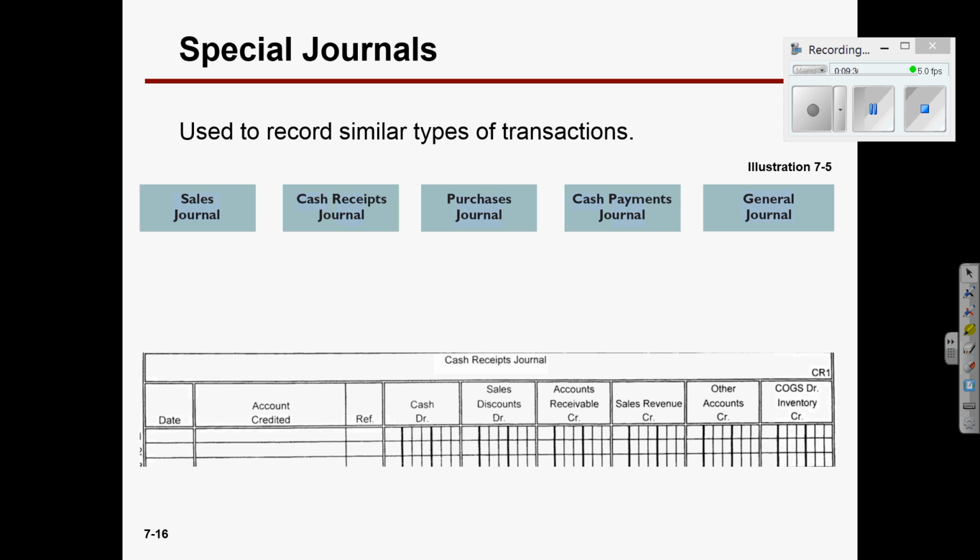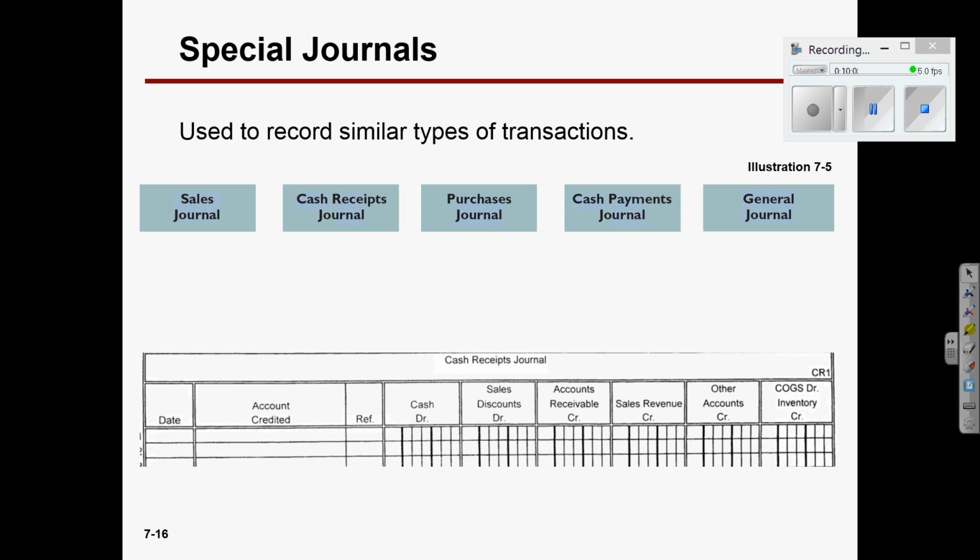But the bigger the business and the more volume of transactions, just like those control accounts, that little journal is going to bust at the seams. It's never going to be able to hold all of that. And remember, we need this to be useful for our accounting department. So although it looks like we're complicating things by having a total of 5 journals, it's actually streamlining it more. Every journal has a job.